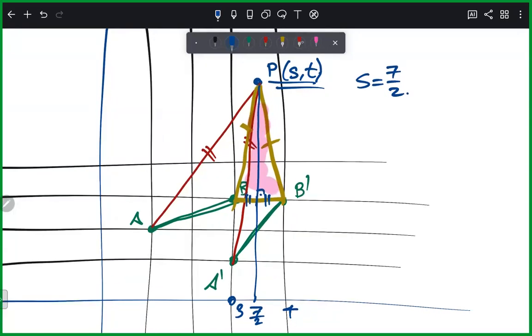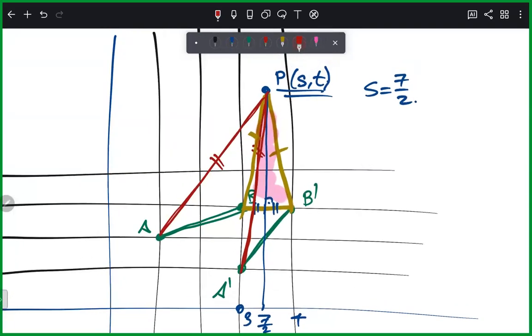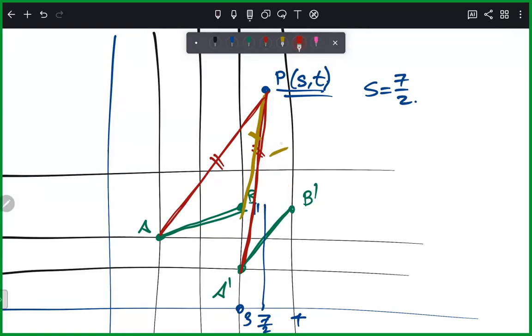Secondly, let's write down PA and PA' using the Pythagorean theorem and the coordinates S and T. I would like to get rid of some of the drawings here, so let me erase this part.